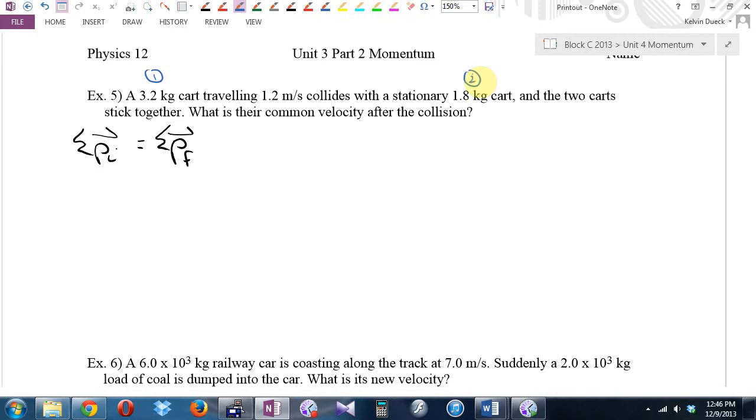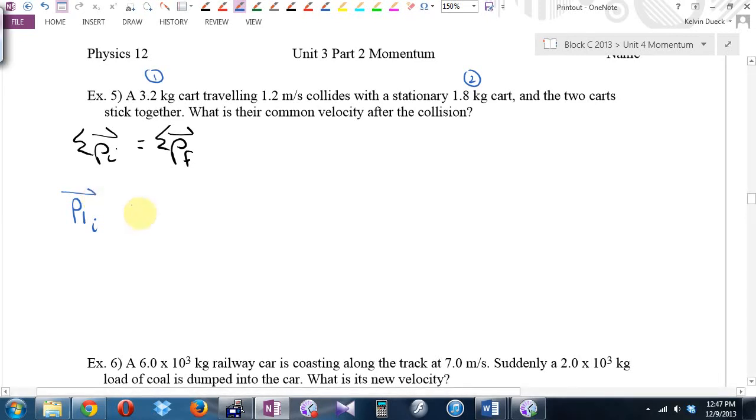So, before the collision, what's moving? Mass 1, mass 2, or both? Hakeem, sorry? Momentum of 1 initial. Wham! They collide. After the collision, what's moving?